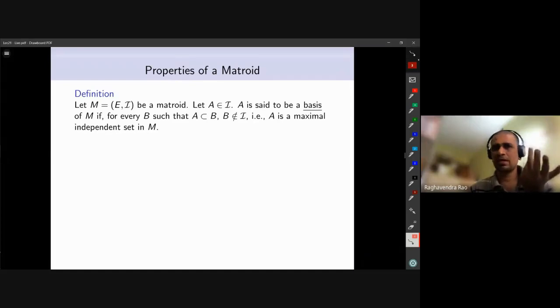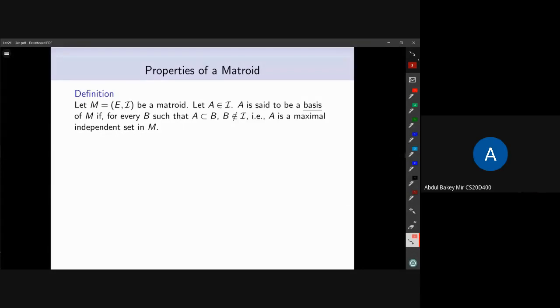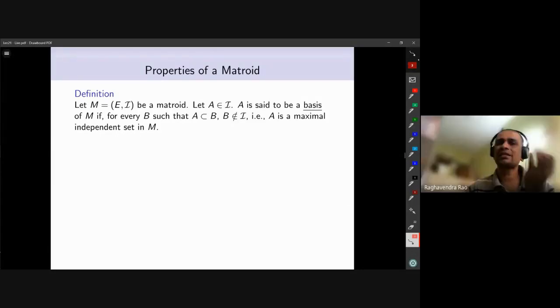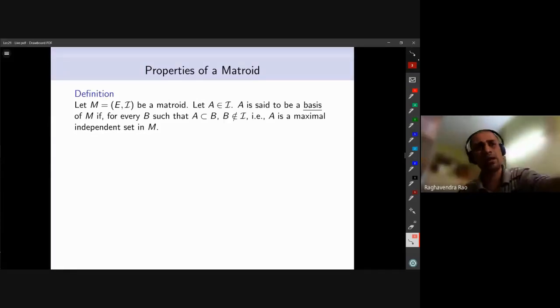If you have a connected graph and you consider the graphic matroid, what are the maximal independent sets there? Maximal acyclic subgraphs, spanning trees, right? If you look at all possible spanning trees, what is their cardinality?